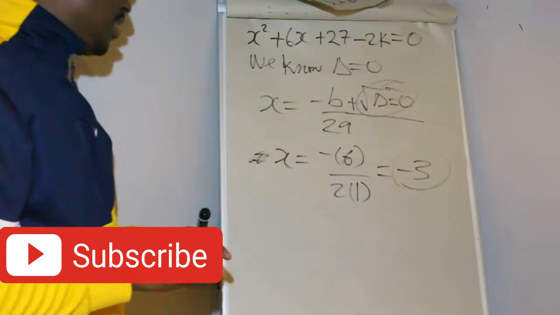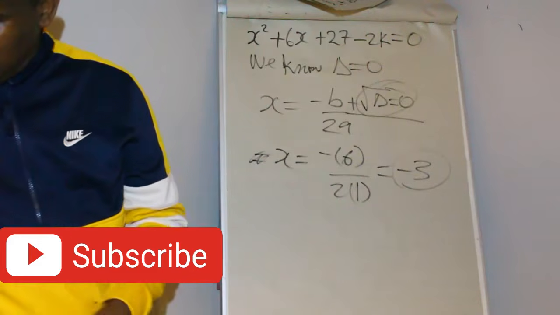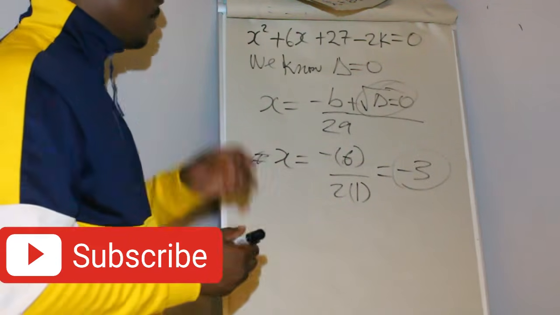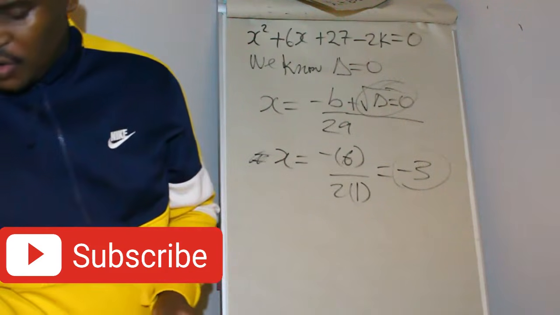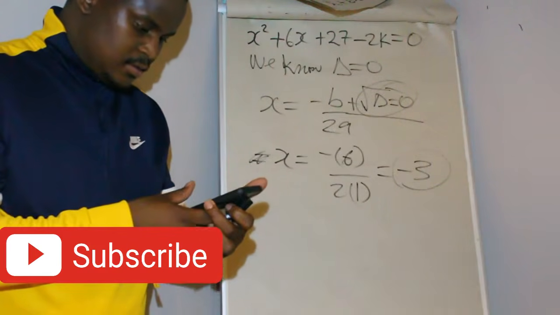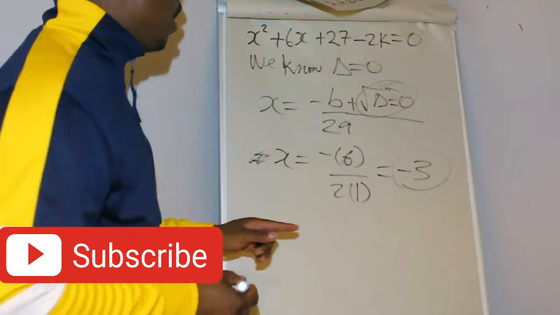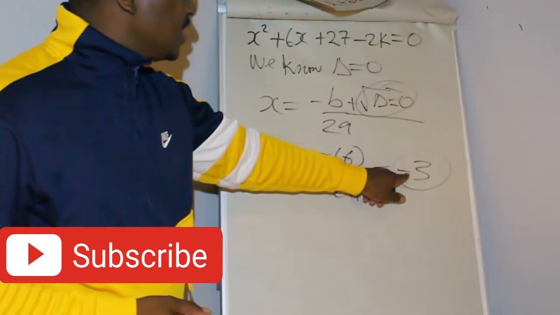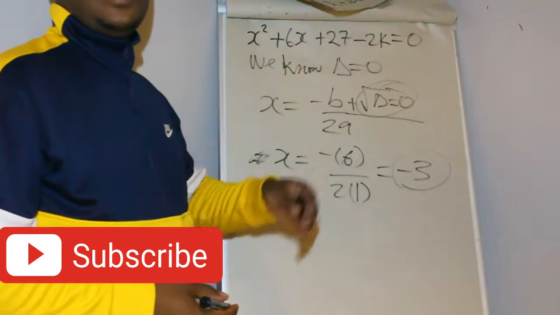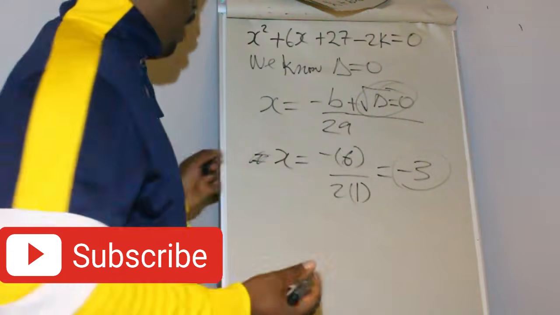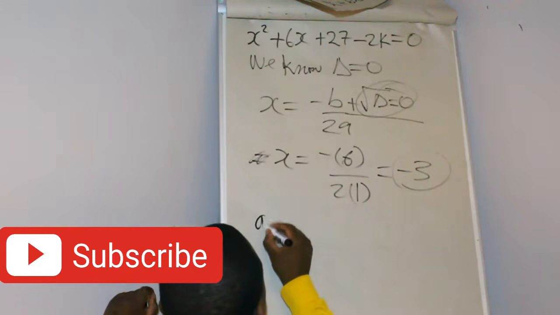So these two graphs meet at x is equal to minus 3, and the corresponding y value, do they want the coordinates? Okay, my phone is dead. If they wanted the coordinates, the corresponding y value, we would find it by substituting this into either equation.